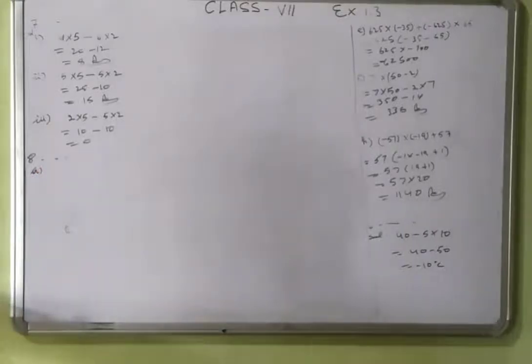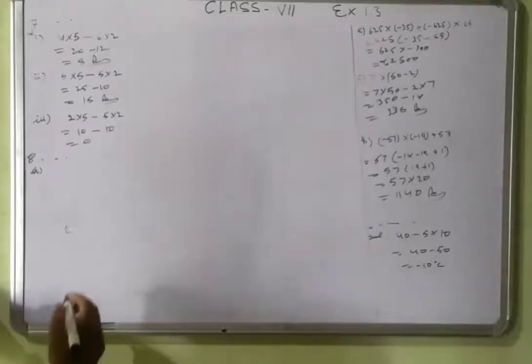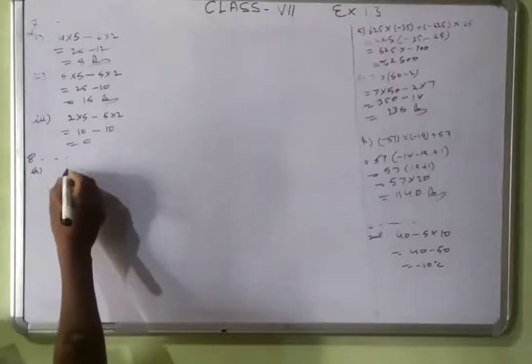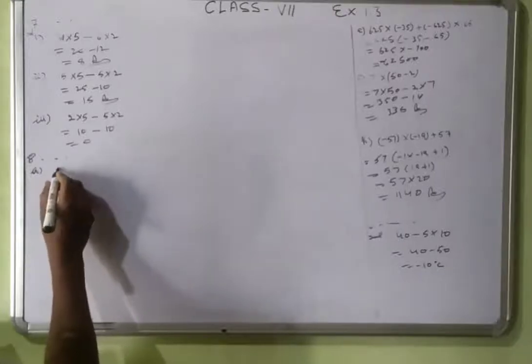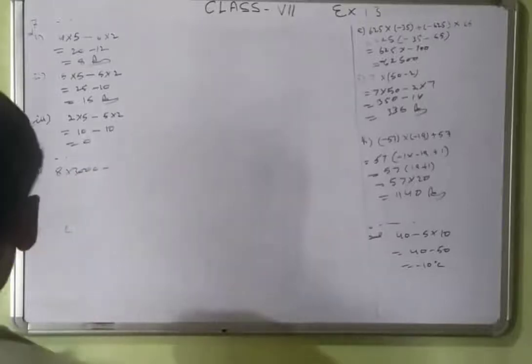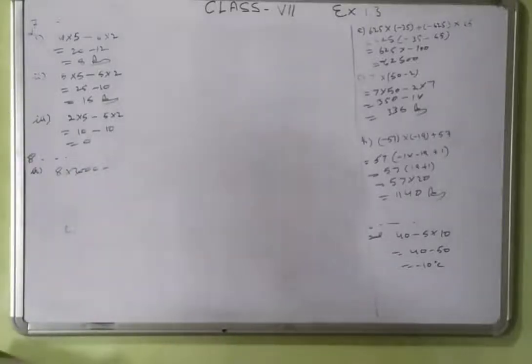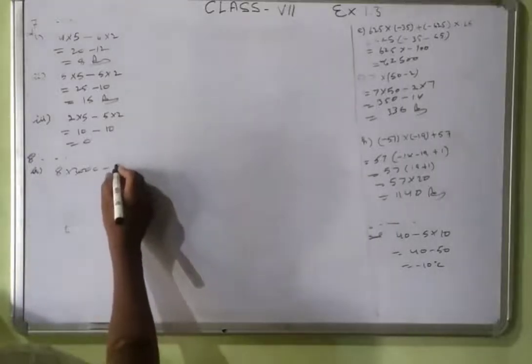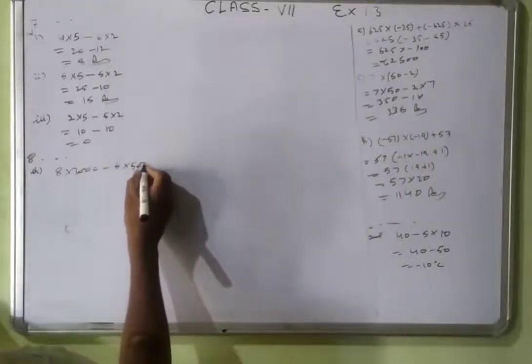See, the company sells 3000 bags of white cement. That means 8 multiply 3000, and then how many grey? 5,000 bags of grey. So grey, 5 multiply 5,000.